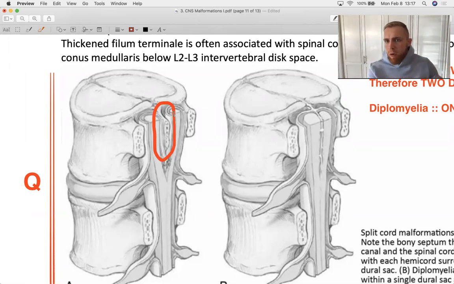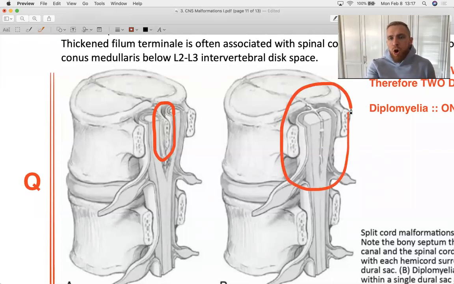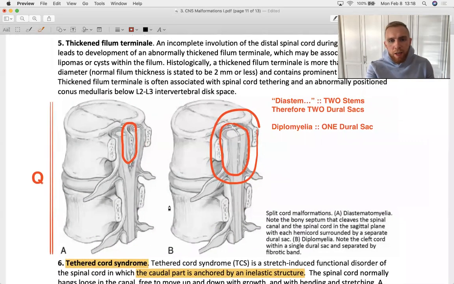That's the diastematomyelia versus a diplomyelia, in which there is no bone in the center of the spinal cord. It's just two cords with a thin membrane in between them, contained in one dural capsule. So that's the big difference between these two pathologies. There's bone in the middle of the diastematomyelia, and there's two separate dural sacs. And there is no bone in the middle of the diplomyelia, and there's one dural sac.